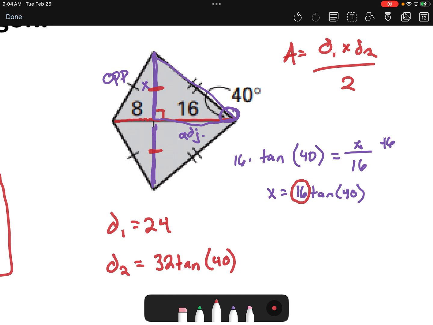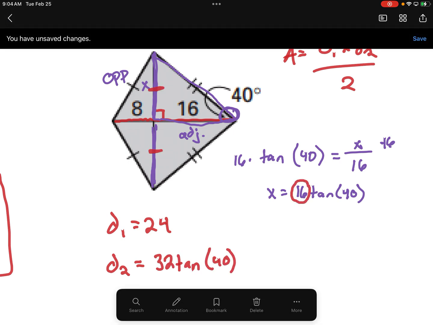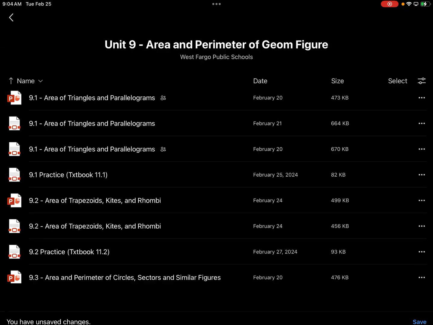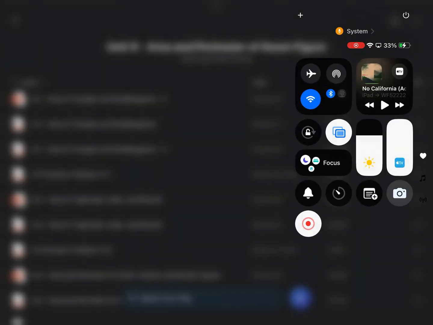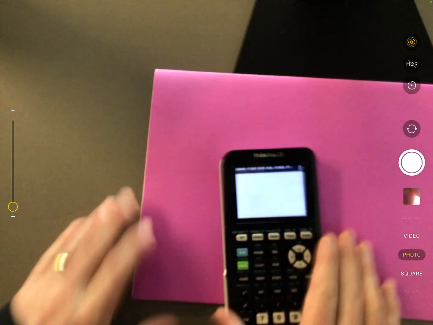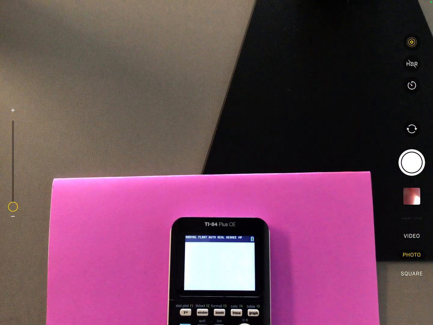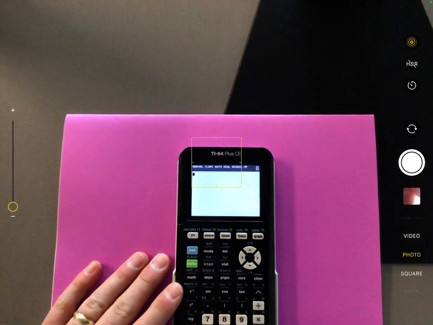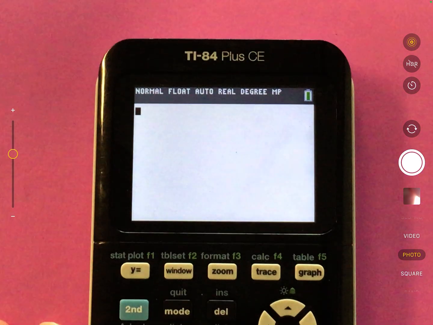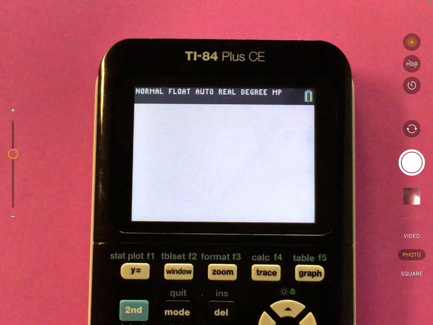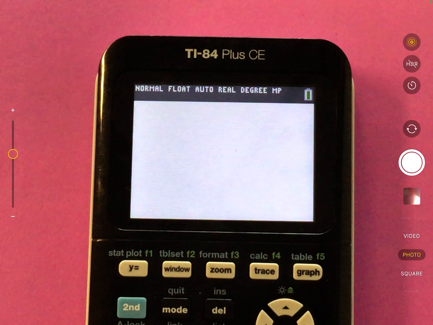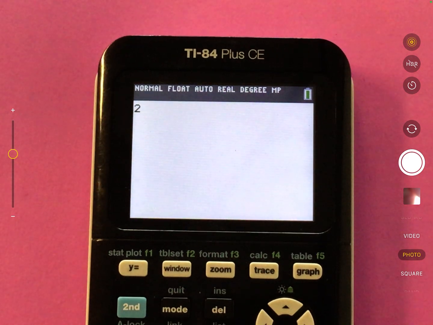Do I have everything I need? Yes. Now we're going to revert to showing you guys how to plug it in. You guys will have to help me out a little bit with remembering what's what. Okay, here we go. So grab your calculator. What is diagonal 1? 24.